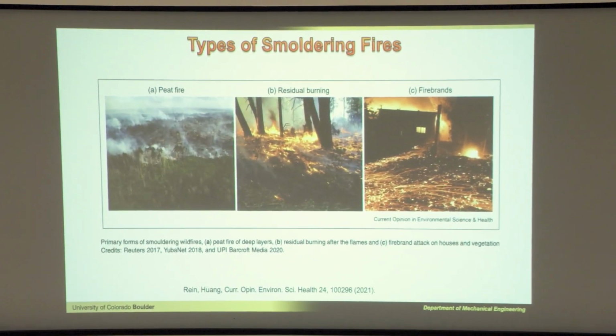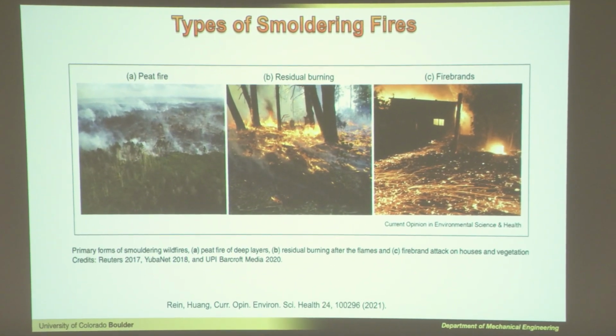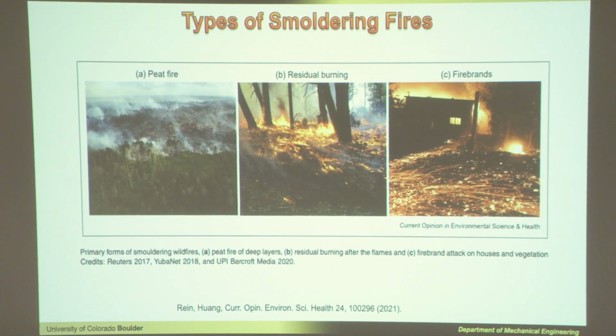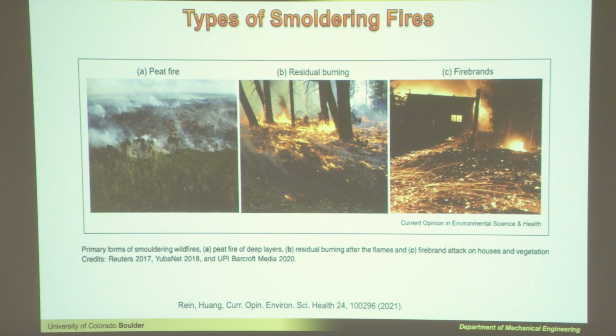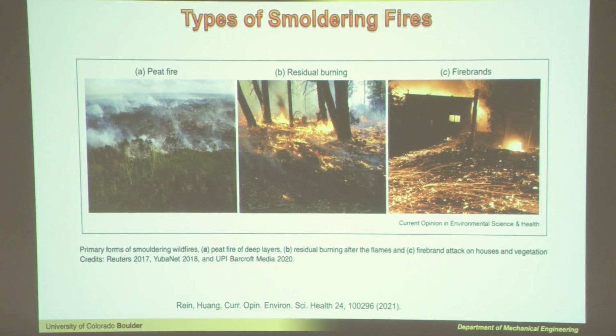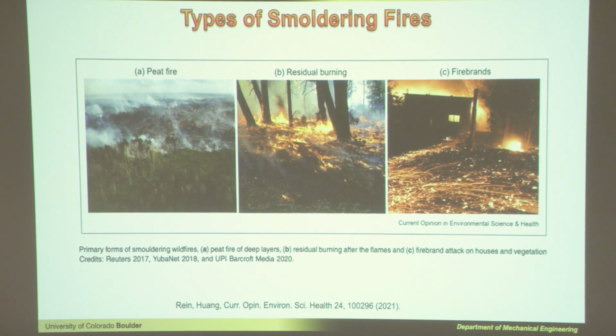Okay, so on the left-hand side, a peat fire is usually a smoldering fire. You've probably heard about these peat fires where the peat bogs can have fire underground, smoldering for decades, just continuing to emit all these pollutants.